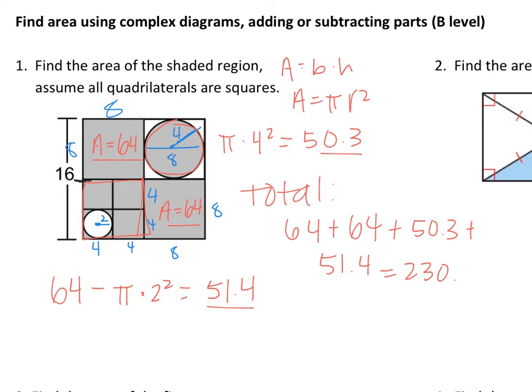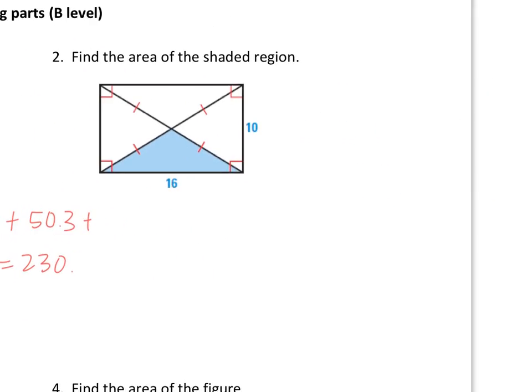All right, so let's take a look at our next one here. Find the area of the shaded region. So the shaded region is just a triangle. The base of that triangle is 16.